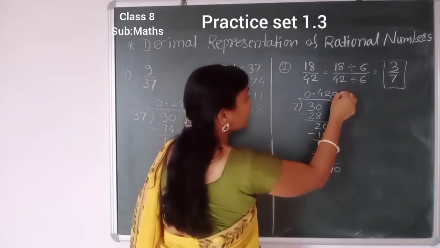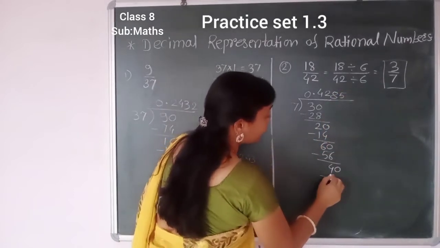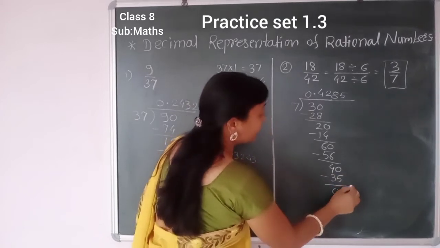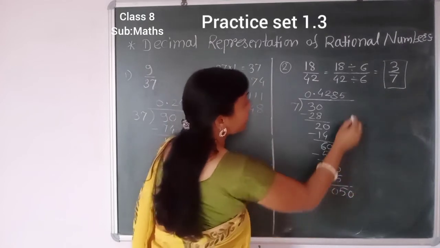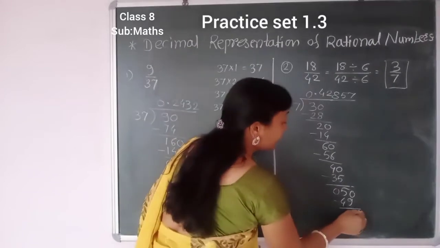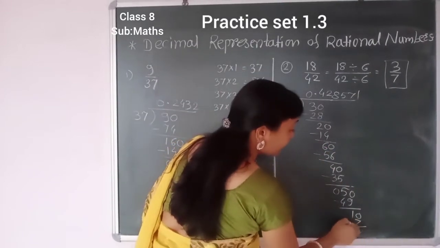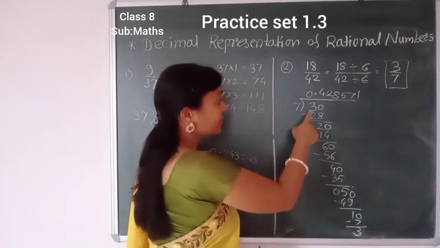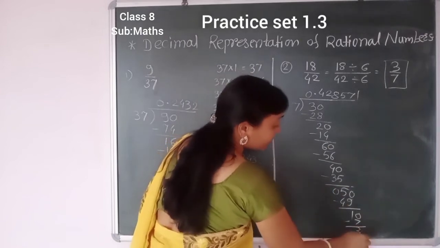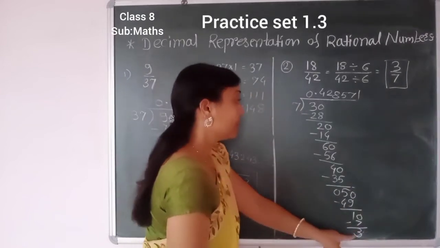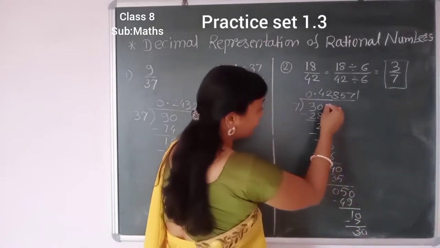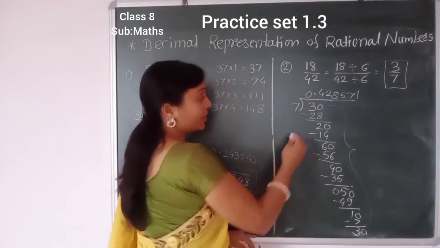Then 0, 7 fives are 35. We get 5. Again 0, 7 sevens are 49. We get 1. Again 0, 7 ones are 7. We get 3, which is our original dividend. This means it is also a non-terminating decimal number; if we take 0, the division will repeat again and again.